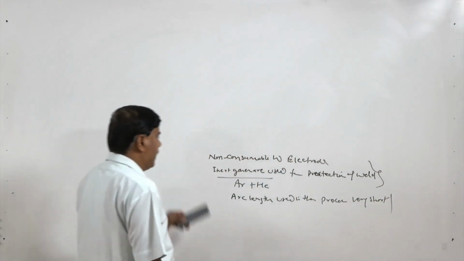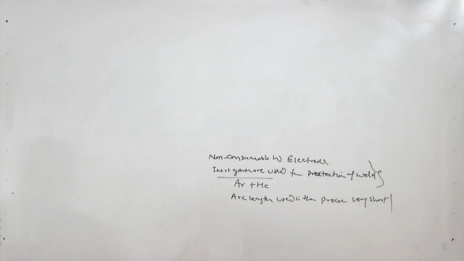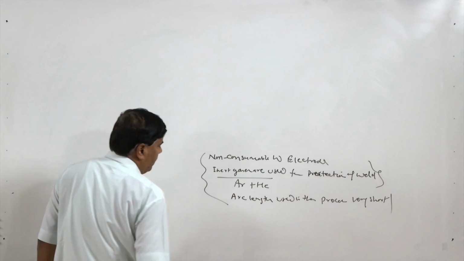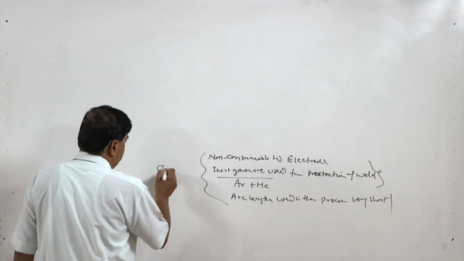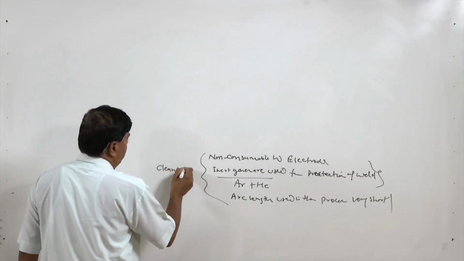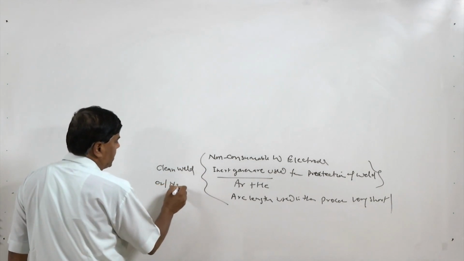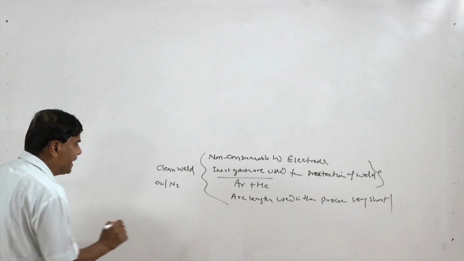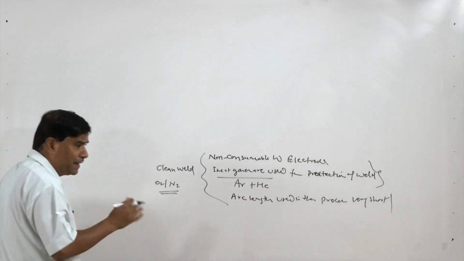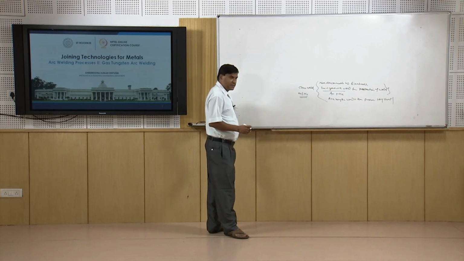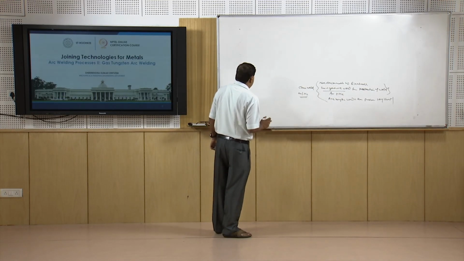So, the combination of these three things results in a very clean weld, wherein oxygen and nitrogen content in the weld is very less, and that is why the cleanest weld among all the arc welding processes is produced by the gas tungsten arc welding process.